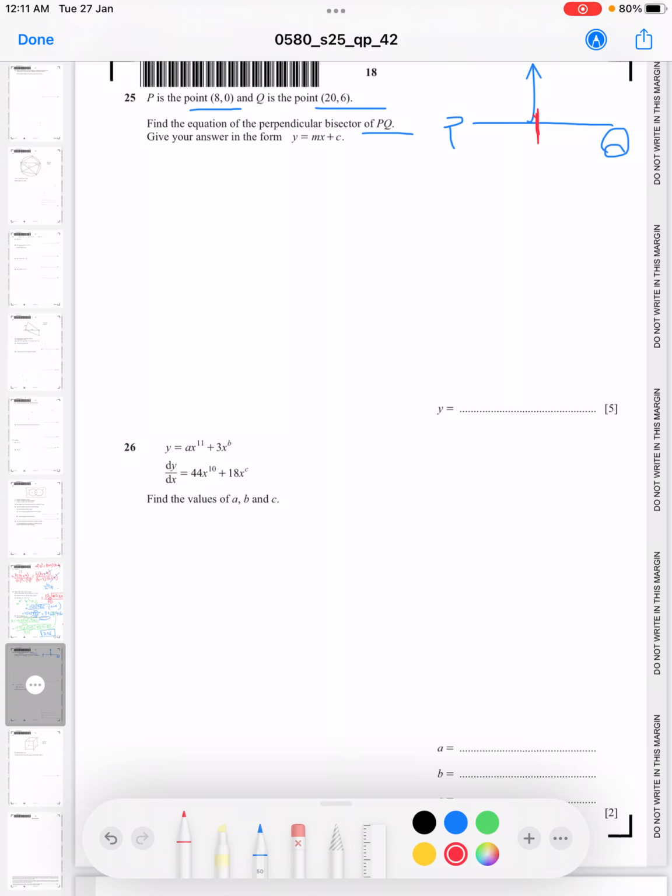of PQ. So for finding the midpoint of PQ, it is equal to (8 plus 20) divided by 2, comma (0 plus 6) divided by 2.